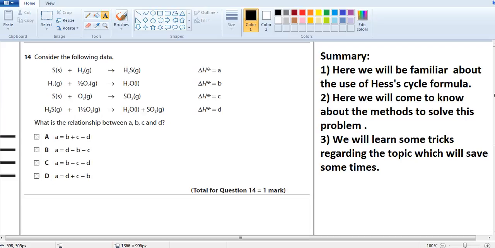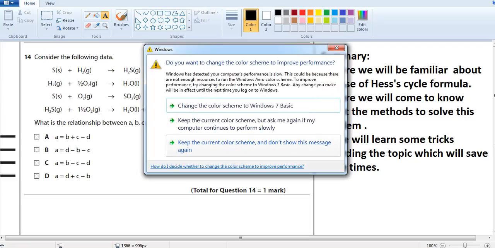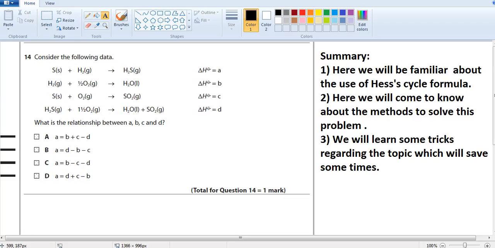Okay, well, let's start. Today we are going to study about the use of the Hess cycle formula.